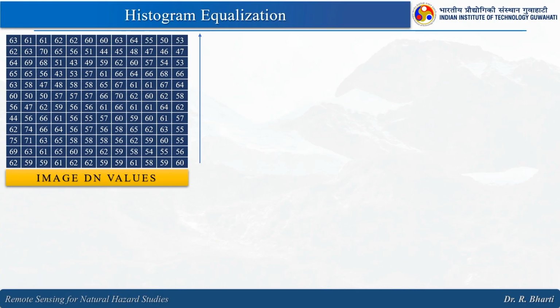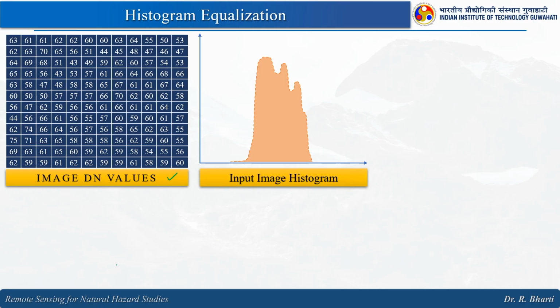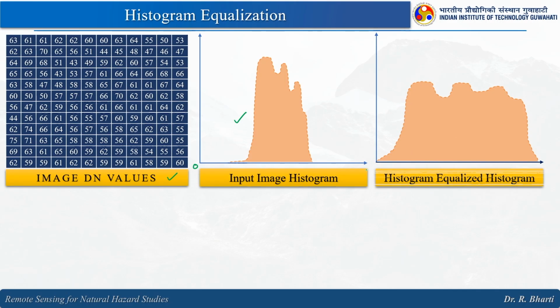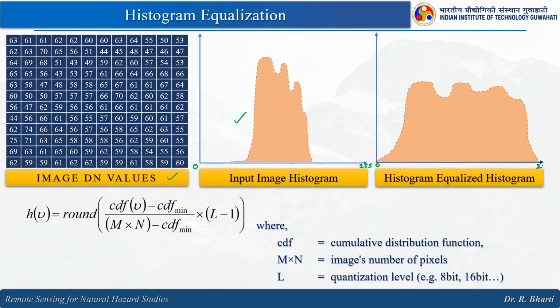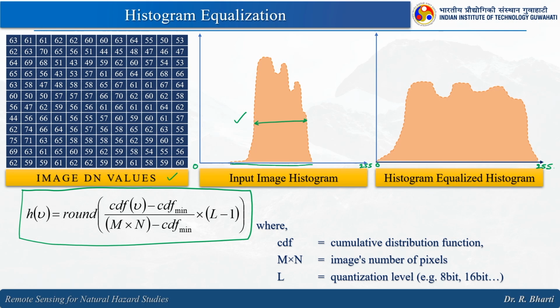In this example, you can see this is an image matrix. So, these are the image DN values, and this is the input image histogram. Let us say 0 to 255, and this is again 0 to 255. So, how do we do that? We use this equation to separate this heavily populated data concentrated in a particular range of the histogram, right.